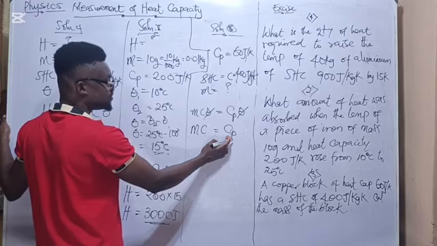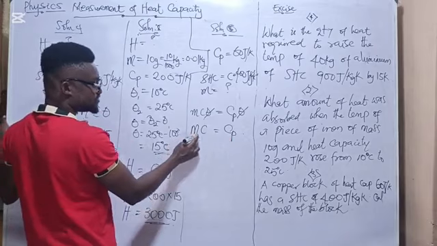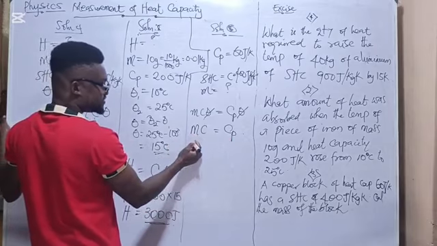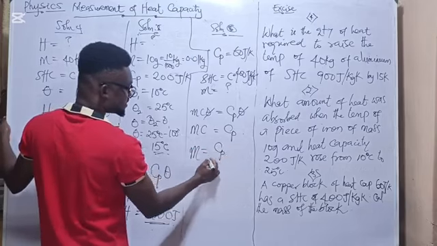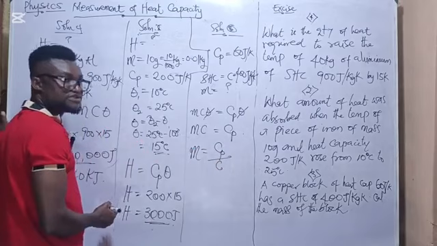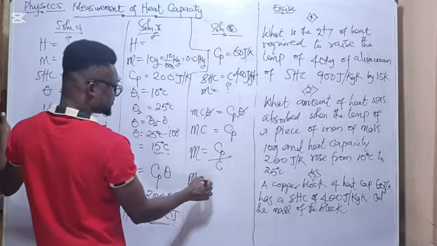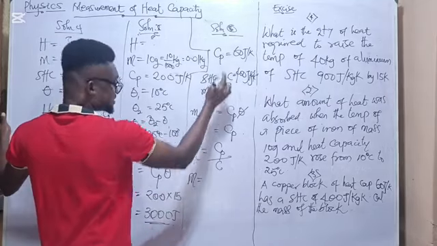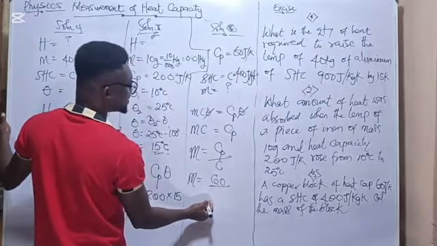So we now need to do the substitution in order to get the mass, or simply make M the subject. If you divide both sides by C, you now have that M is equal to heat capacity divided by specific heat capacity, okay?